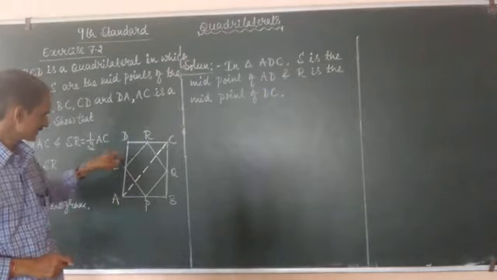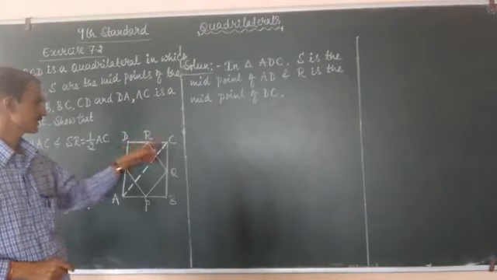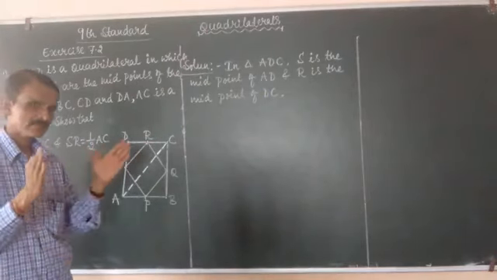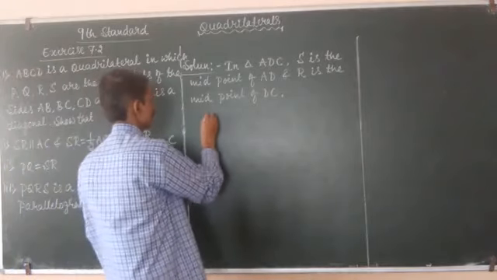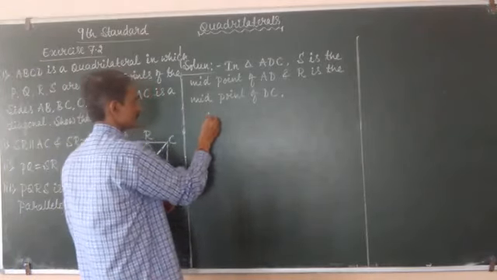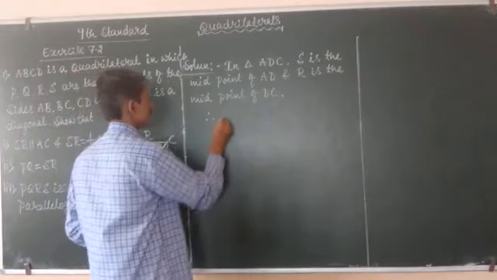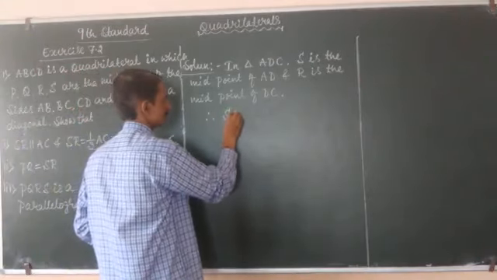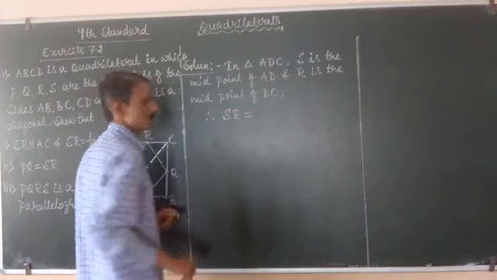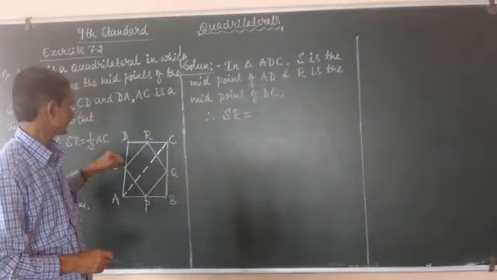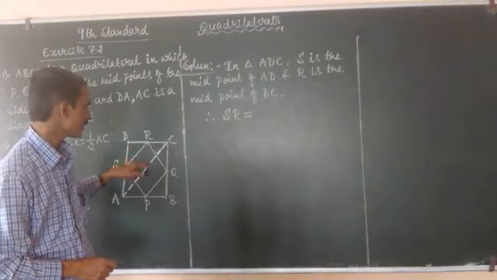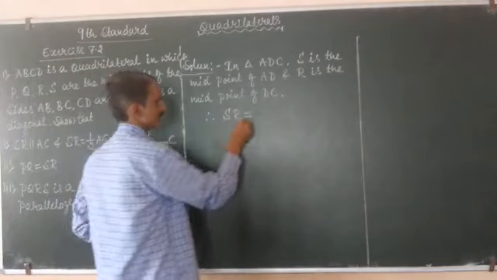So S is the midpoint of AD, R is the midpoint of DC. Therefore we can write SR is equal to half of AC.